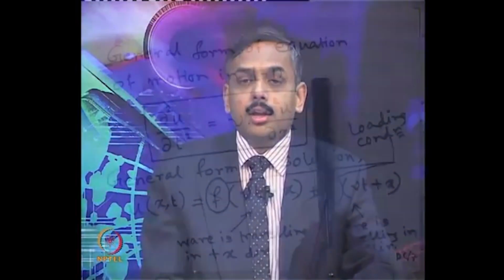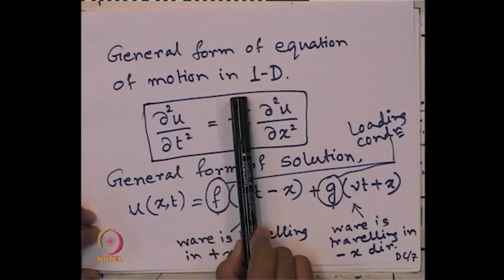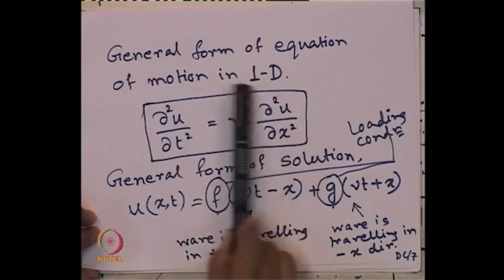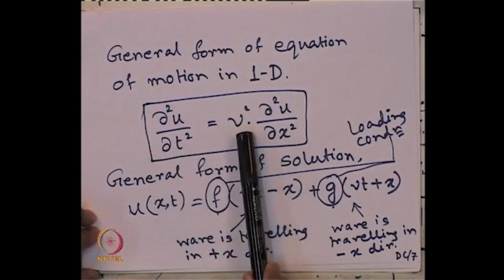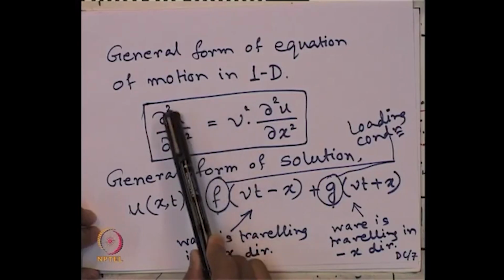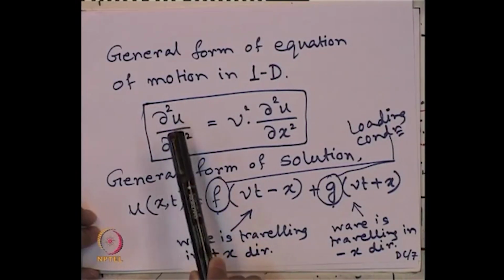So, the general form of governing equation of motion for any wave traveling in one dimension can be represented by this equation. So, for longitudinal wave it will be V p, for torsional wave it will be V s and corresponding displacement, right. For longitudinal wave it is u, for torsional wave it is theta, that is the rotational component of the displacement.